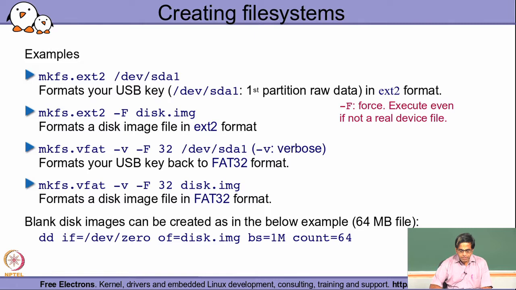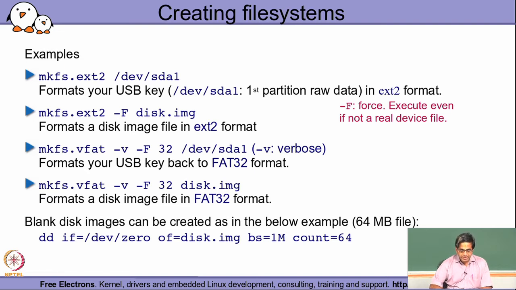Suppose I want to create a different type of file system, I could say mkfs.vfat. vfat is originally from the Windows world. It is a type of file system that was available in Windows, and those file systems that are supported on Windows are also supported in our Linux distributions.